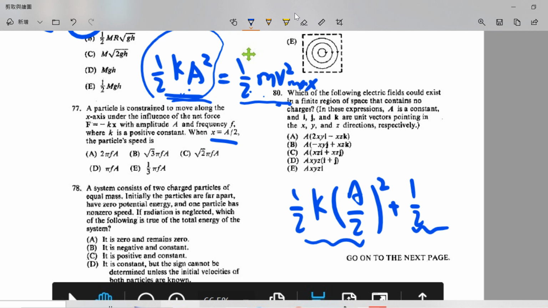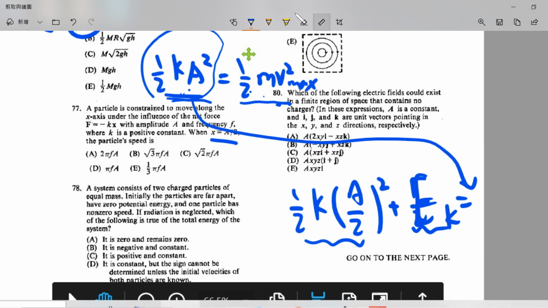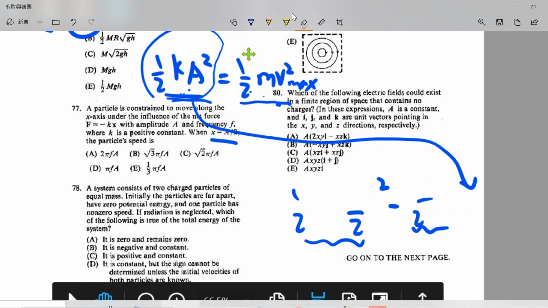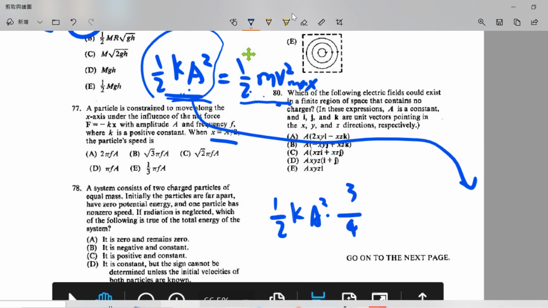So the kinetic energy Ek should be this one. What we know is that Ek is 3 over 4 of this term. Now our kinetic energy is this one, and this equals half m v squared. Not v max, our velocity squared.